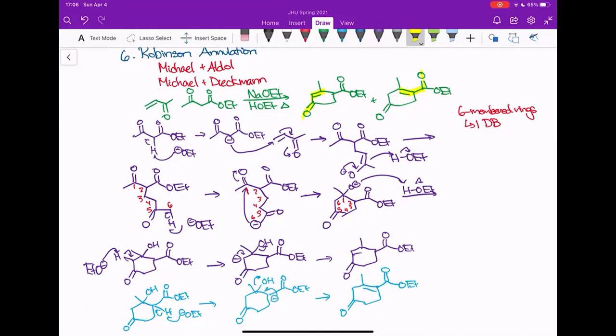I feel like it depends on the temperature. So since it's being heated, it would be thermodynamic control. So the one on the right could be your more stable product. Yeah, because this part, since you're doing an elimination, you're going to be under heat. So you would probably want your thermodynamic control, which would be this blue one. Okay. Any other questions on this? I'll hang out here for a second.